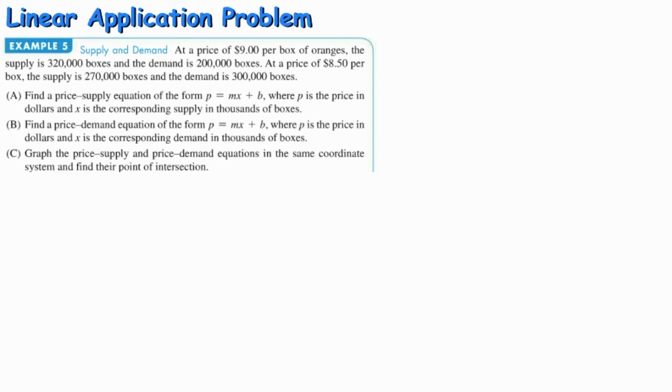So part A says find a price supply equation. So they want to know what's the price that is generated by the supply. That means price will be the output, supply will be the input, and we can say S of x, which is our supply equation or our supply function.